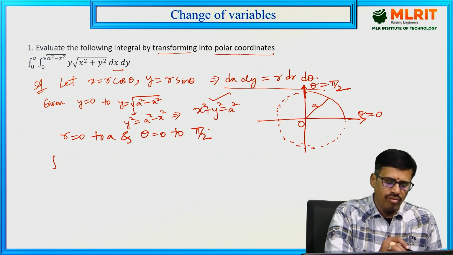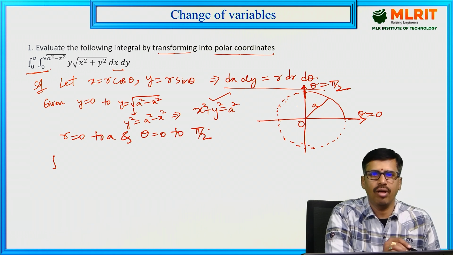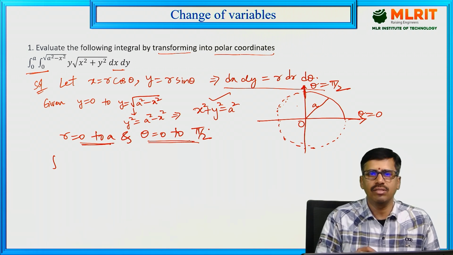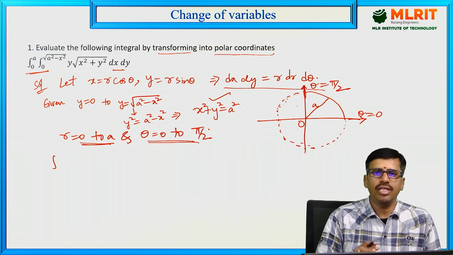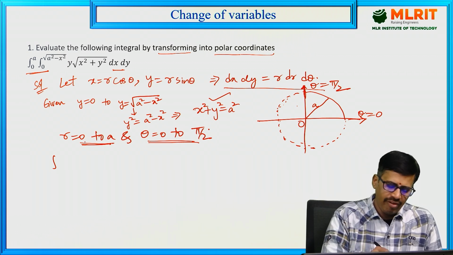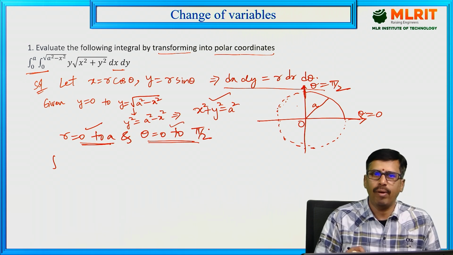So x equal to 0 to a and y equal to 0 to under root of a square minus x square, our x and y limits are transformed to r and theta limits. So this evaluation is transformed into polar coordinates in terms of r and theta, where r limits are 0 to a and theta limits are 0 to pi by 2.